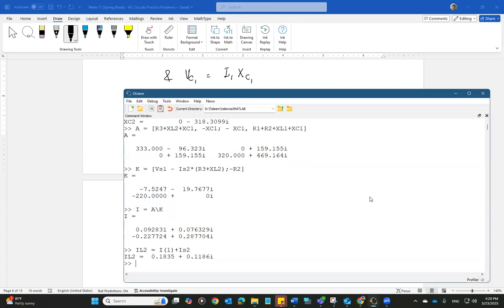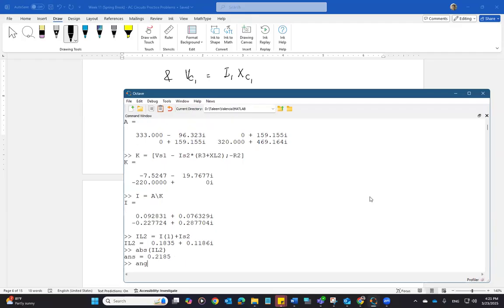So I'm just going to do absolute of IL2. We can also use polar to rectangular, polar to Cartesian, whatever the function was. We can also use that, but I'm just going to use absolute.